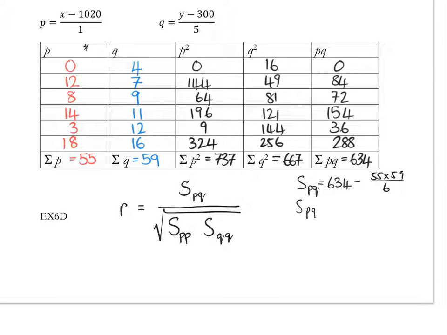So SPQ is equal to, and then SPP is equal to 737 minus 55 squared over 6. So SPP is equal to, and then SQQ is equal to 667 minus 59 squared over 6.